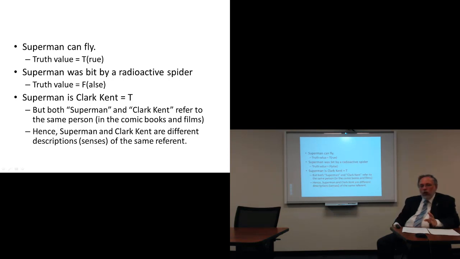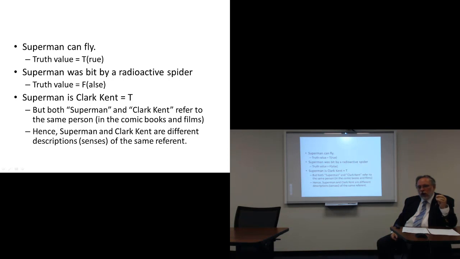Okay? Now, going back to the Sinn and Bedeutung thing, here I can say Superman is Clark Kent, right? Now, notice that this is true, and so there is no problem there. Why? Because they basically refer to the same person, but using different descriptions, so to speak, okay?